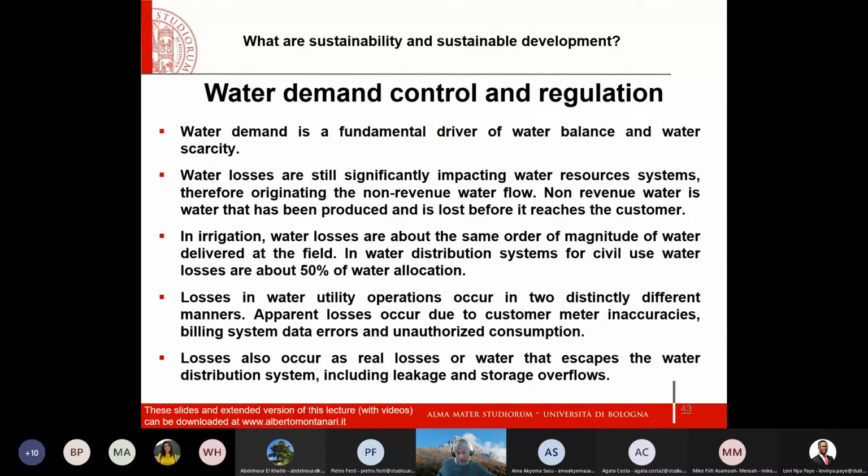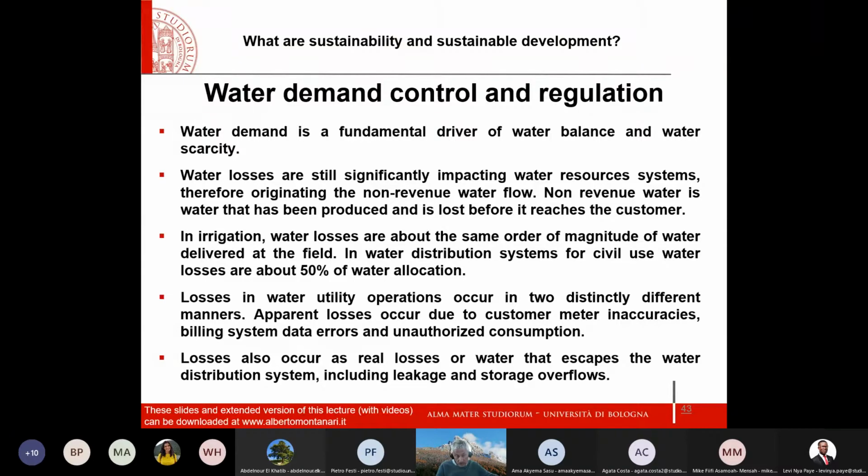Half of the water that is withdrawn is lost during the delivery for evaporation or for infiltration. I mean, strictly speaking, it is not lost. You cannot lose water. Water is by definition renewable, but it doesn't reach the field, which means that the efficiency of the withdrawal is dramatically reduced.